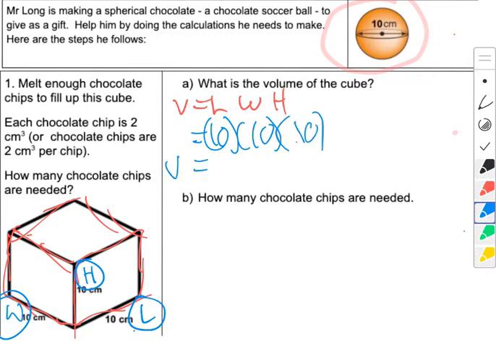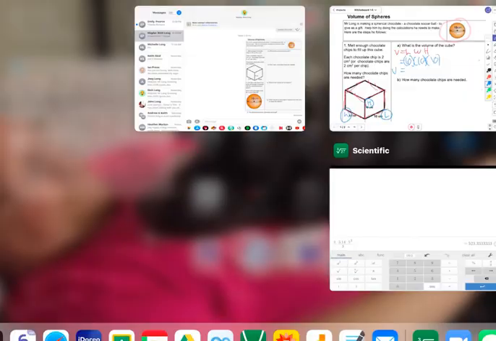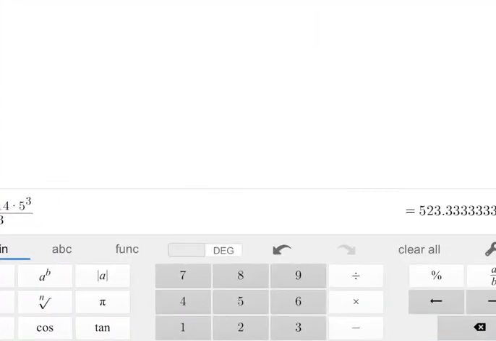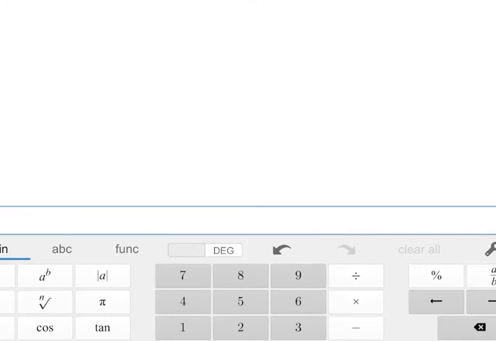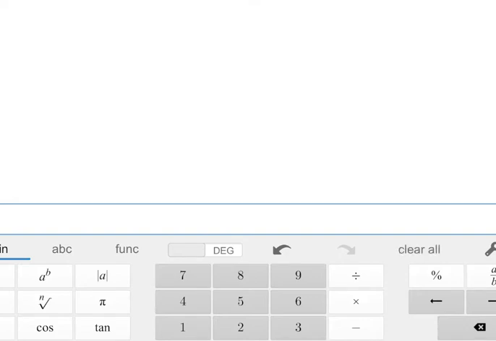Well, let's look at our calculator. If you don't have a scientific calculator at home, I'd like you to be using the Desmos scientific calculator. So what we had there was 10, all in brackets. I can go bracket, 10, end bracket, start bracket, 10, end bracket, start bracket, 10.